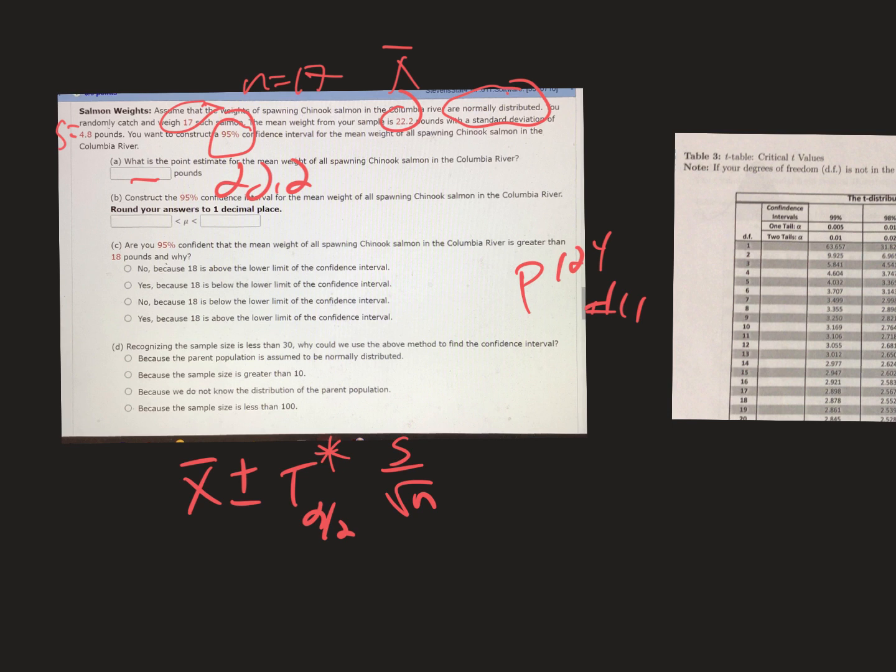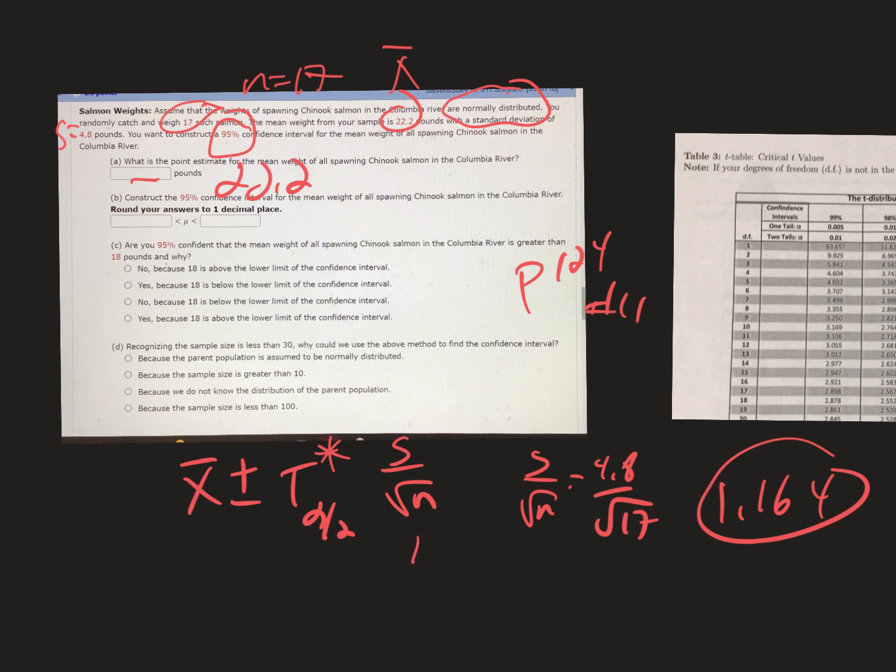So let's do s divided by the square root of n: 4.8 over the square root of 17, because we had 17 salmon. I'm getting 1.164.